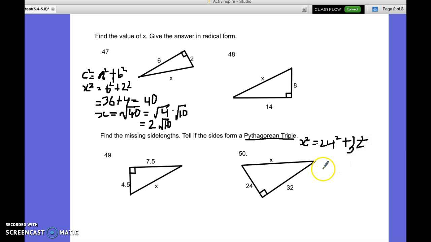Alright, I want to go to my calculator. 24 squared, I think I know that 24 squared is 576. 32 squared, I don't know, so I'm going to find it now. 32 squared, that's 1024.